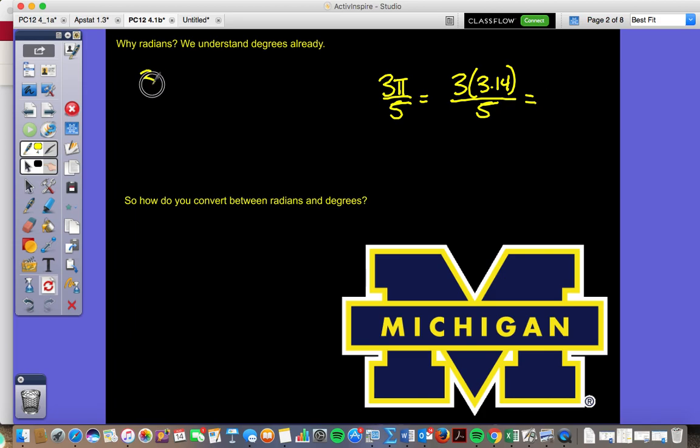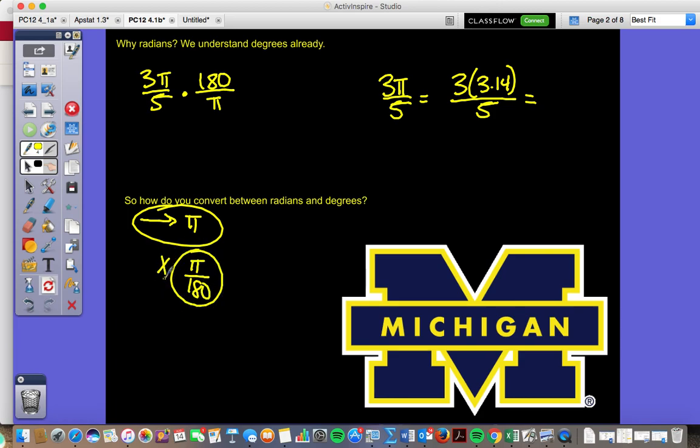Now, if we went from 3 pi over 5 to degrees, what would I do with this one? How would I multiply this? By 180 over pi. Good. So when I go to pi, I am going to multiply by pi over 180. Multiply by pi over 180.